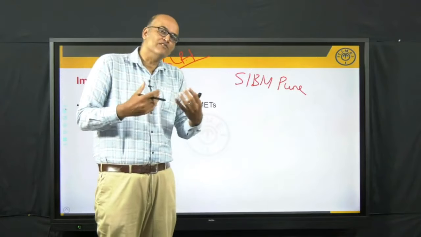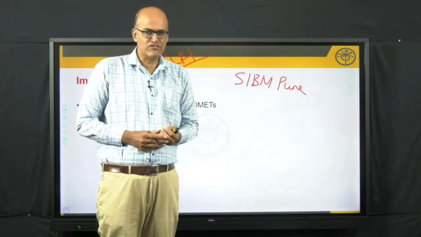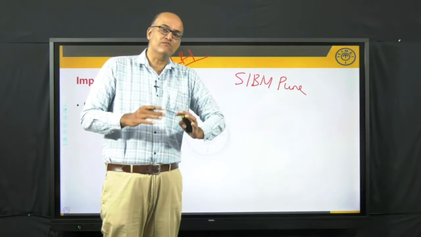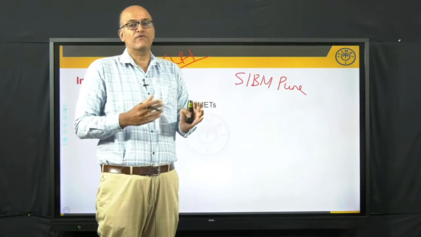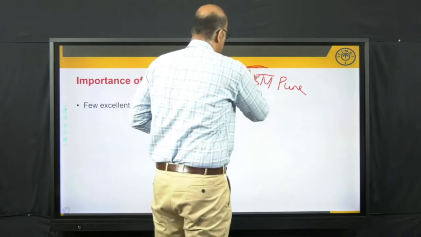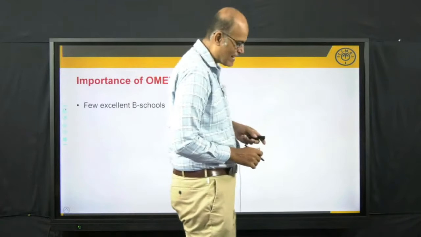Similarly, NMIMS Mumbai admits students on the basis of NMAT scores. So the point I'm trying to make here is you get access to some excellent business schools when you write other exams apart from CAT. This is the first reason why you should consider writing other exams.